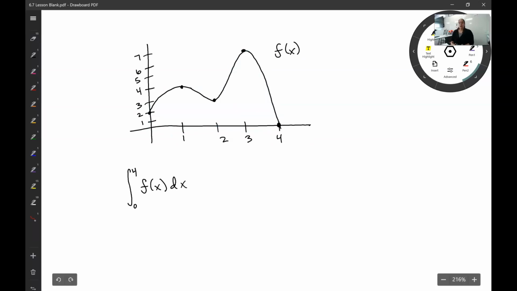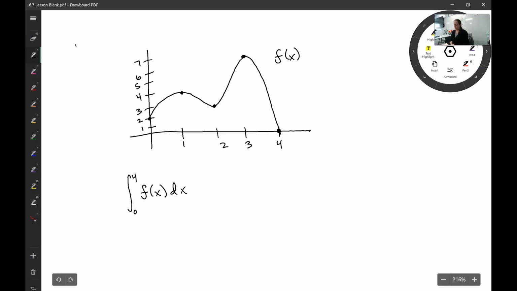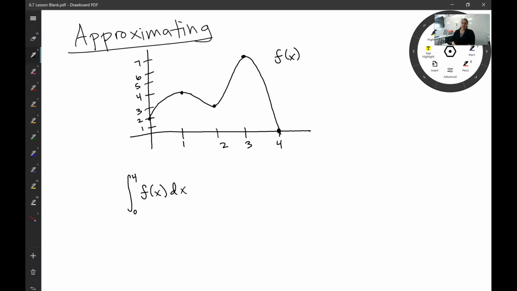Now, we've learned a lot of different ways to find that using the fundamental theorem of calculus, using graphing. Today's whole lesson is about one big word: approximating. That's this lesson and next lesson.